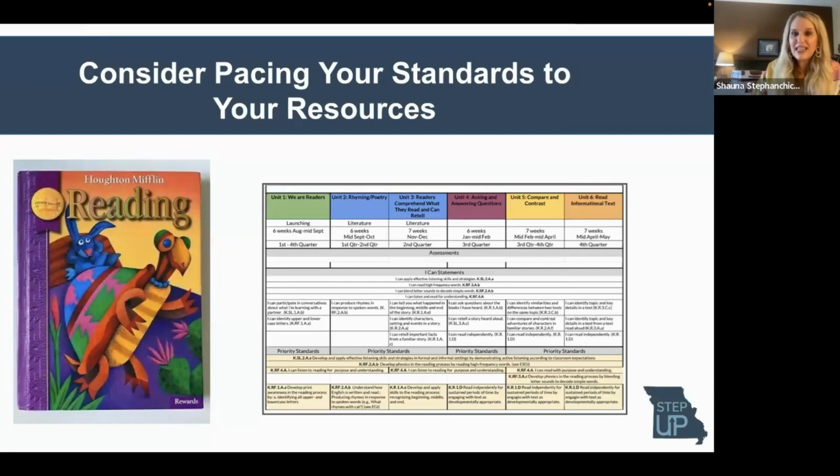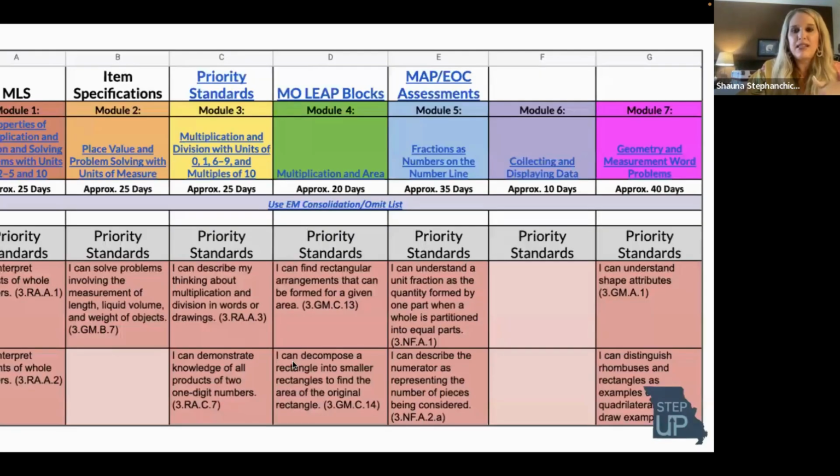There are sometimes lessons we don't do in our resource. There are sometimes lessons or units we have to add. It's okay to use a resource, but sometimes you have to even tweak it to look more like the state standard. And so we help teachers, and a clear format that we like to use is, where we have our unit and you're clearly saying in this unit, this is a priority and this is a supporting.